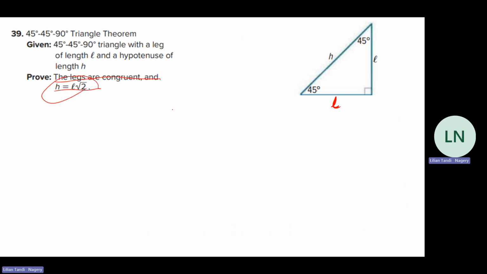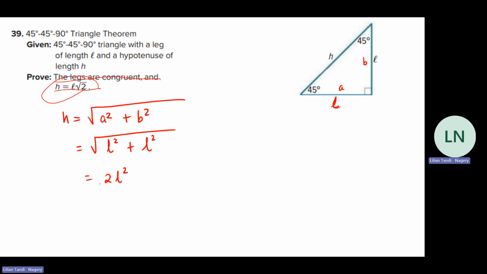Okay, let's use Pythagoras theorem. Let's call this A and let's call this B. So what are we going to say? H equals the square root of A squared plus B squared, which is equal to the square root of L squared plus L squared, which is equal to the square root of 2L squared, which is equal to the square root of 2 times the square root of L squared.